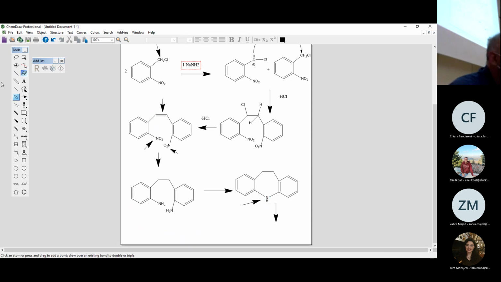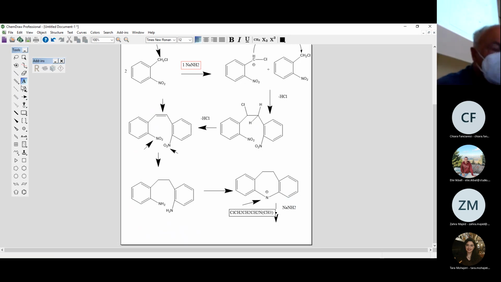So with a strong base, for example, sodium amide, we can take the proton away, and then we have the formation of a minus charge, and then we can make a reaction with Cl, CH2, CH2, CH2, and methyl.